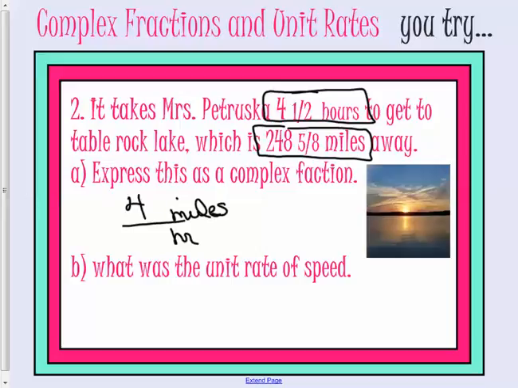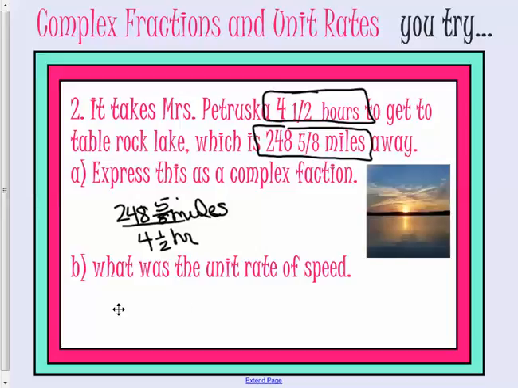Red pen ready. Oh, I have that completely wrong. I apologize. 4.5 hours goes on bottom. Excuse me, I am so very sorry. And 248 and 5/8 miles go on top.